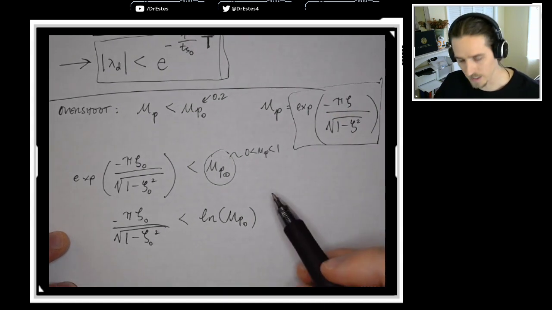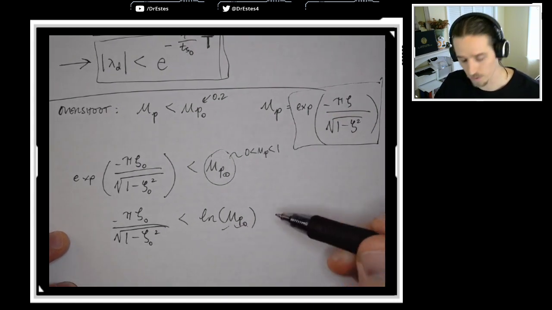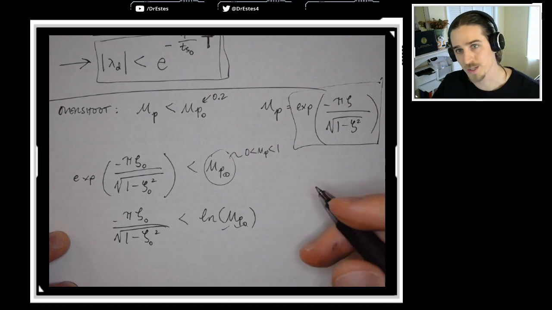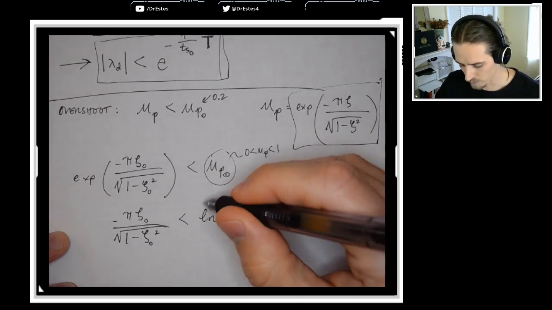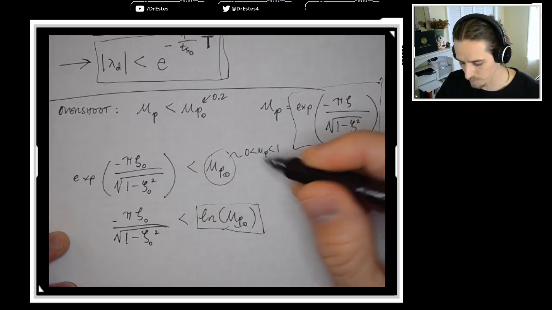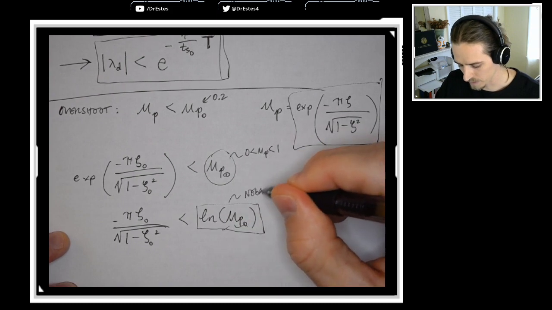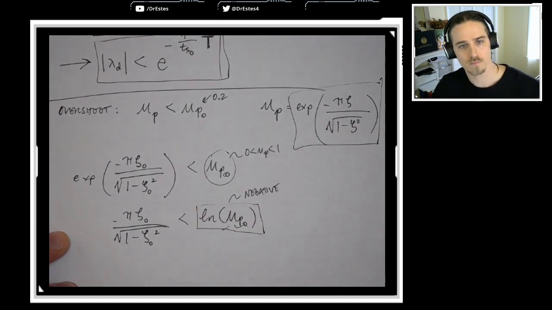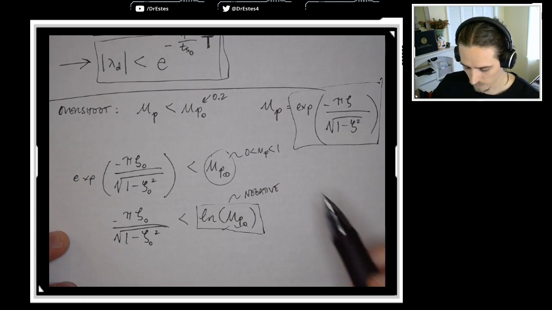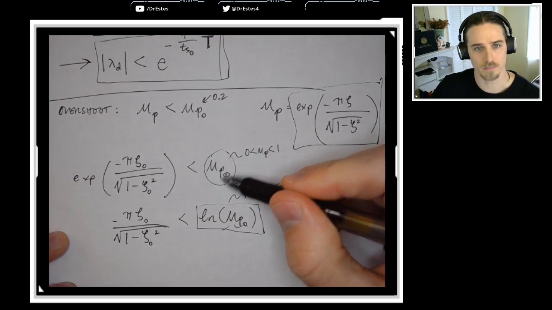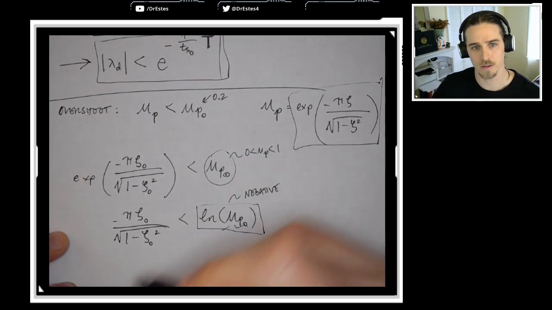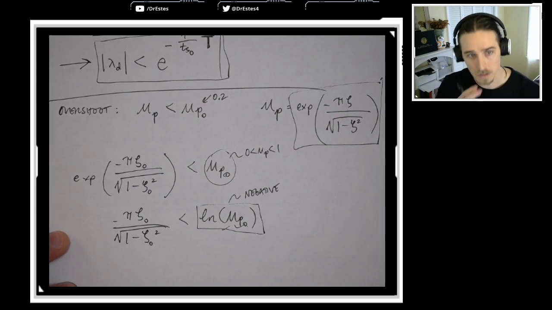So if you take the natural log of a number between 0 and 1, it's always going to be a negative number. So you have to know from the beginning that this is negative. And if this could be greater than 1, then the math we're going to do wouldn't even work out. You'd get ambiguous results.